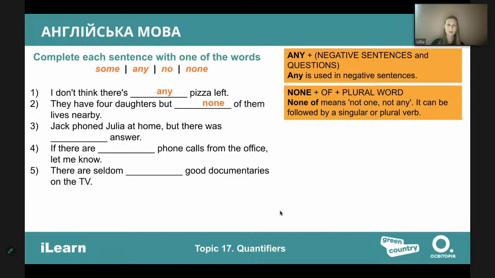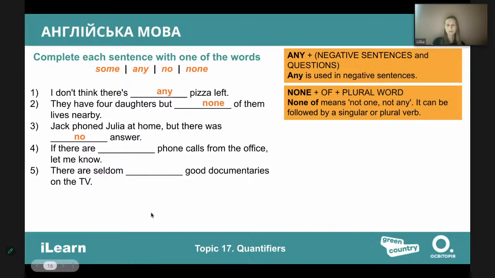Number 3, Jack phoned Julia at home, but there was no answer. Again, not there wasn't no answer, but was and then no answer. Never use double negation in your sentences. Не використовуємо подвійне заперечення. If it's positive was, then no. If it wasn't, then any. Number 4.